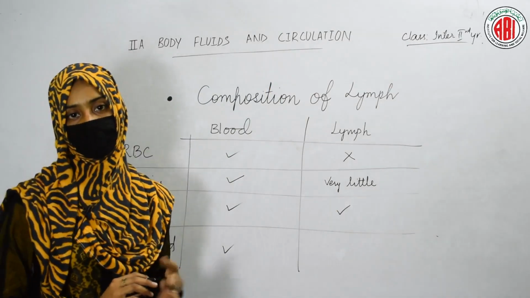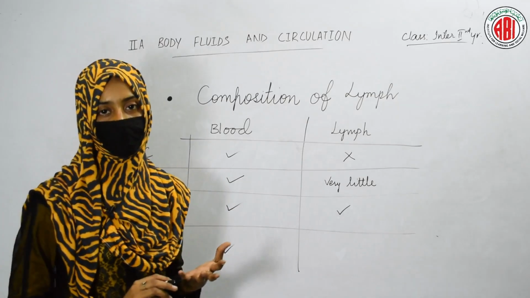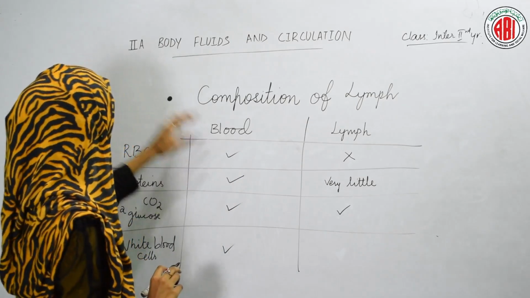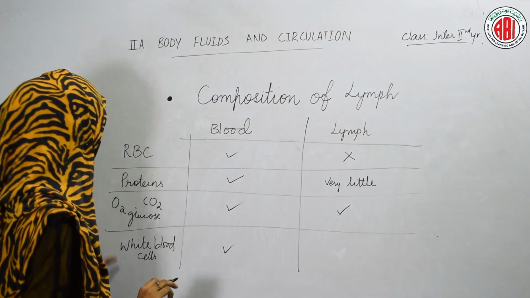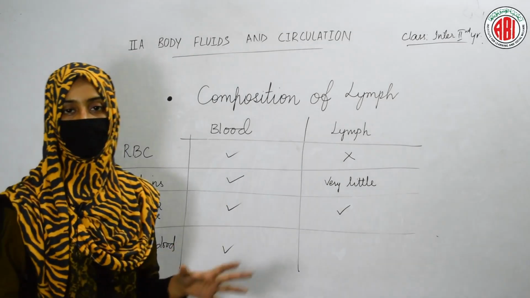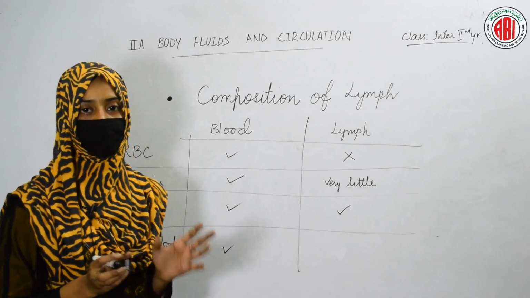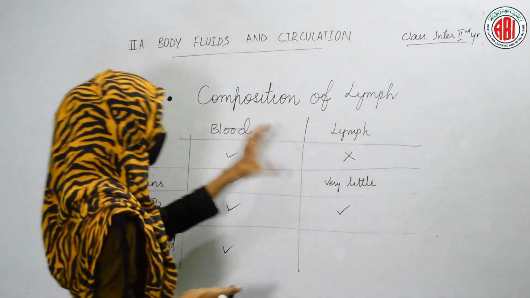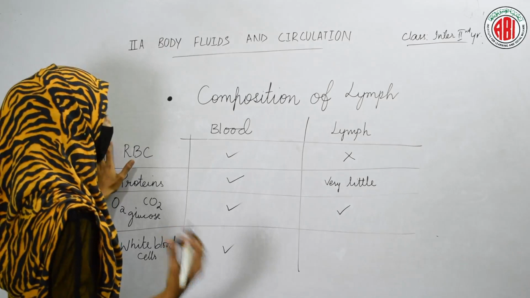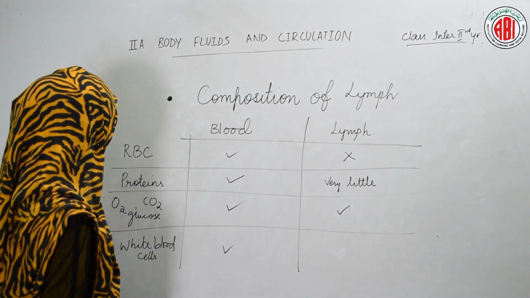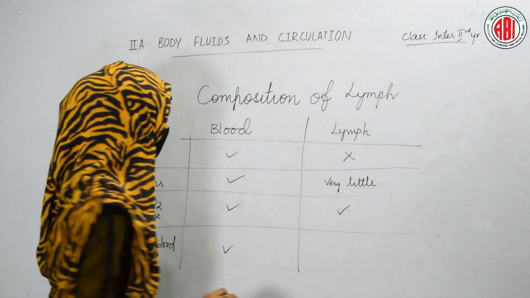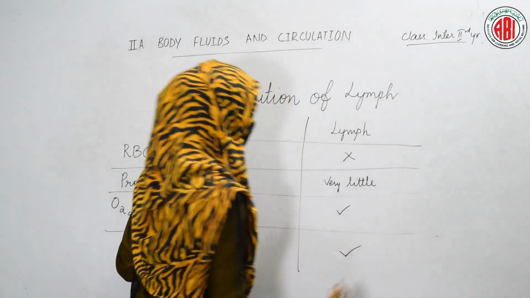Without blood cells, we cannot call the fluid blood. So in the blood, red blood cells, proteins, oxygen, carbon dioxide, white blood cells, glucose and platelets are found. In the lymph, red blood cells are absent, proteins are very little, and oxygen, carbon dioxide, glucose and white blood cells are present as in the blood.